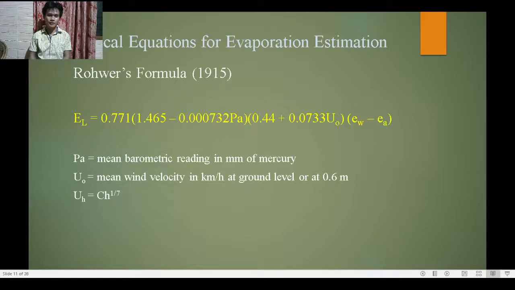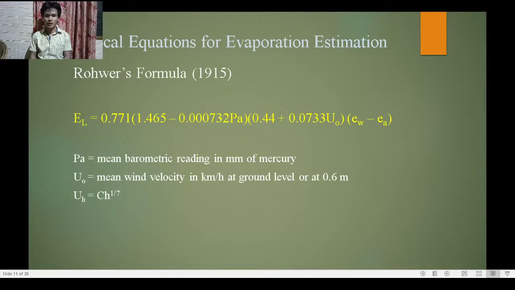So lastly is the Rohwer formula, which was developed at the same time as the Meyer's, in 1915. It is expressed as E sub L equals 0.771 multiplied by the quantity 1.465 minus 7.32 times 10 raised to negative 4 Pa, multiplied by the quantity 0.44 plus 0.0733 U sub O, multiplied by the quantity E sub W minus E sub A, where Pa is the mean barometric pressure reading in millimeters of mercury.